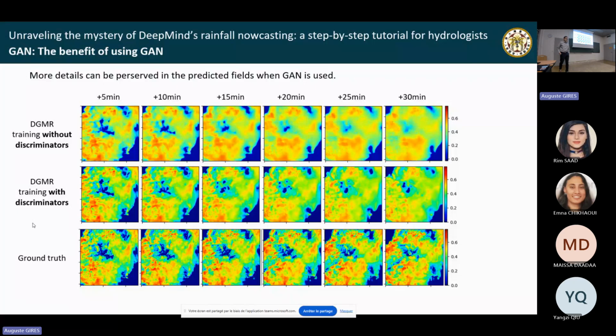So we can tell that when you use the DGMR with a GAN framework, it maintains more details at high resolution, small scales. So we compare the overall prediction performance, and also whether they can reconstruct the spatial pattern.